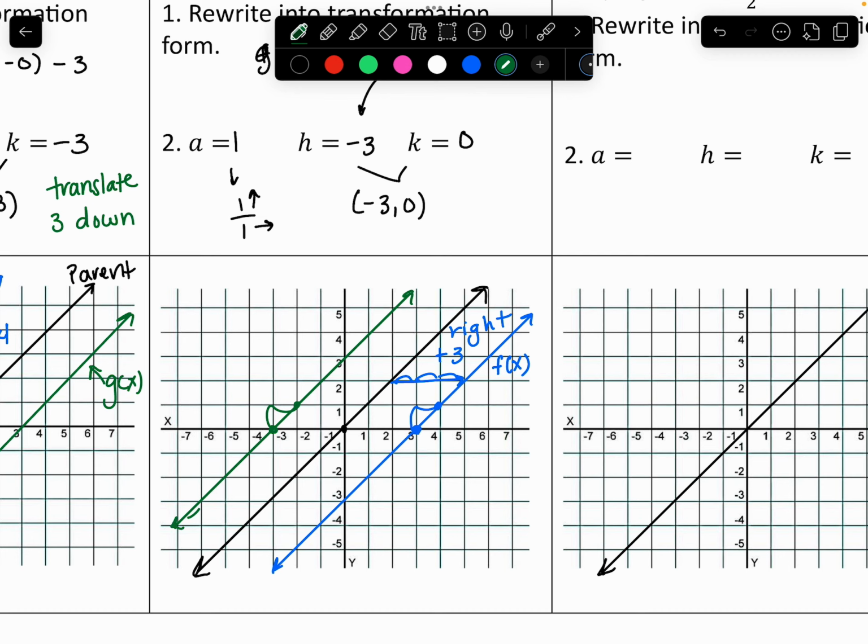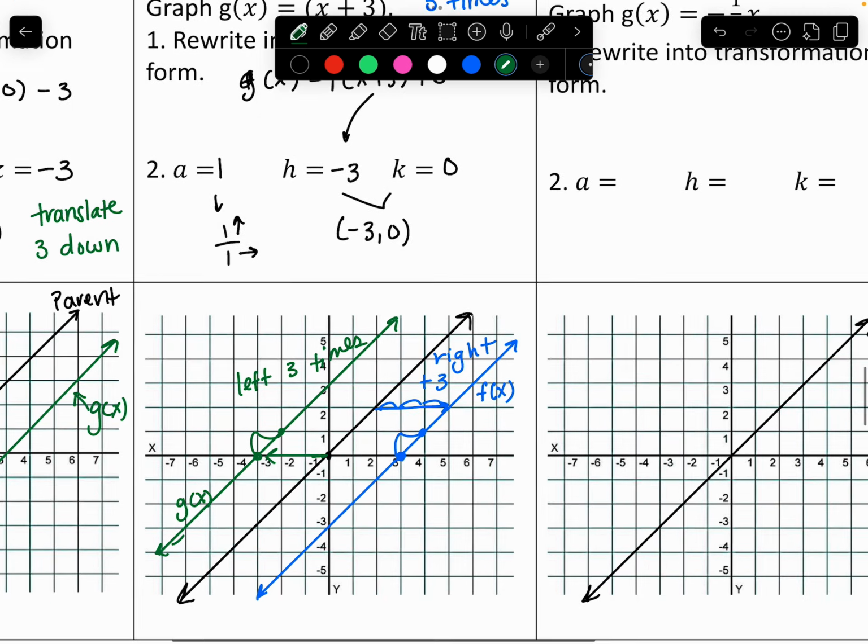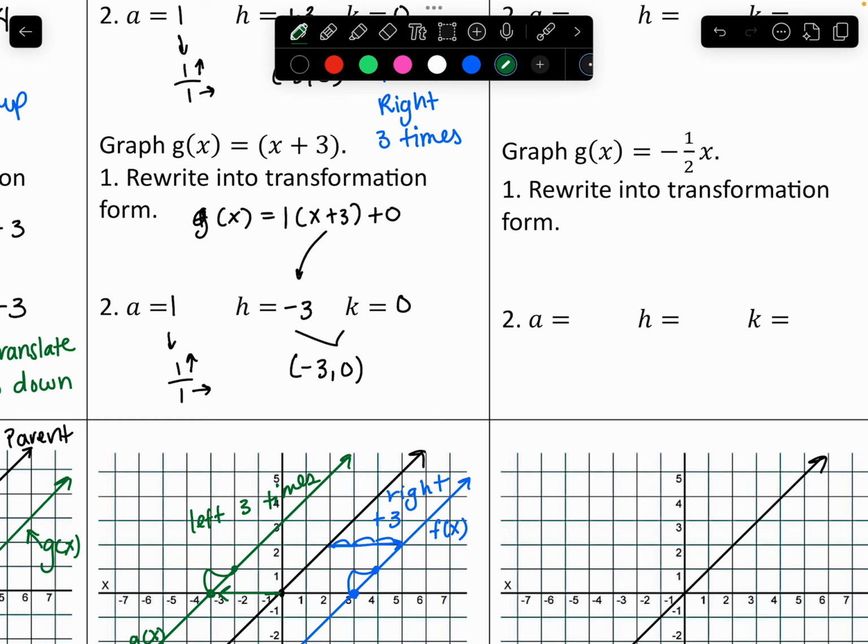Now what do you notice from here? Look at my starting point. From my parent function, I went to the left 3 times. We should call this g of x. Left 3 times. Okay, so this would be translated left 3 times.